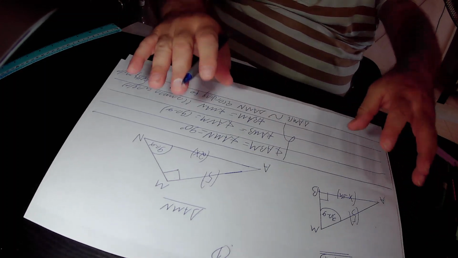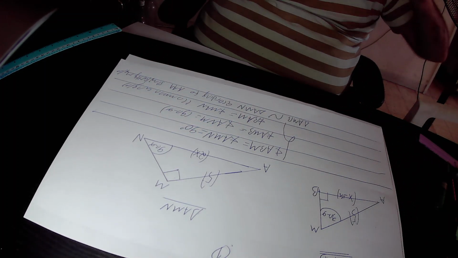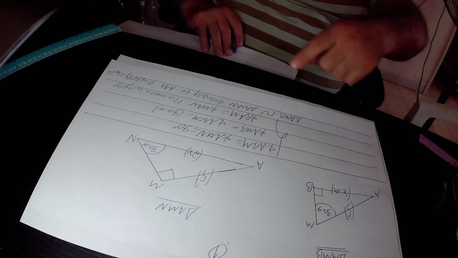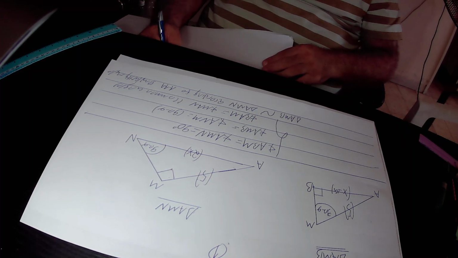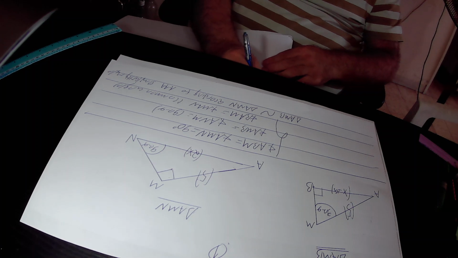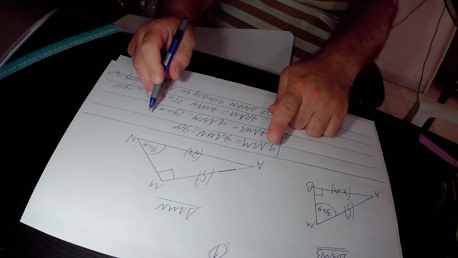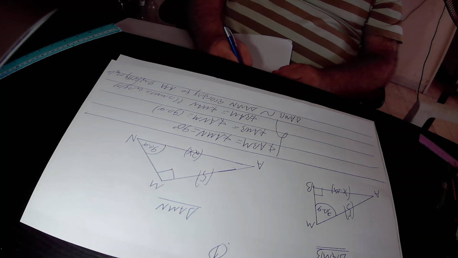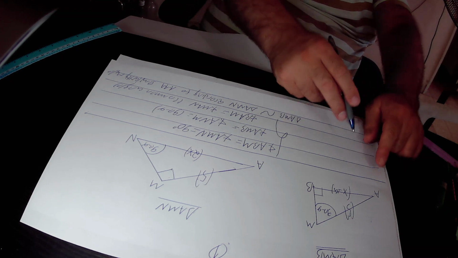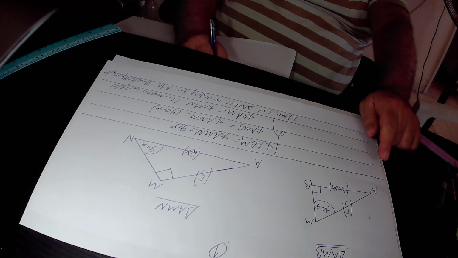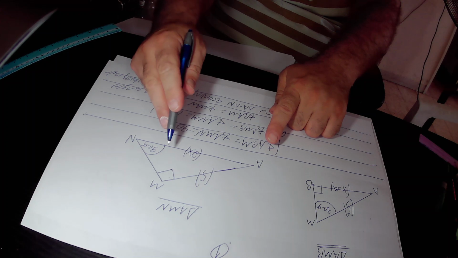So from the fact that those two right triangles are similar to each other, we derive that the following relationship exists between their sides. We derive that side AM of the right triangle AMB over side AN of the right triangle AMN equals side AB of the right triangle AMB over side AM of the right triangle AMN.